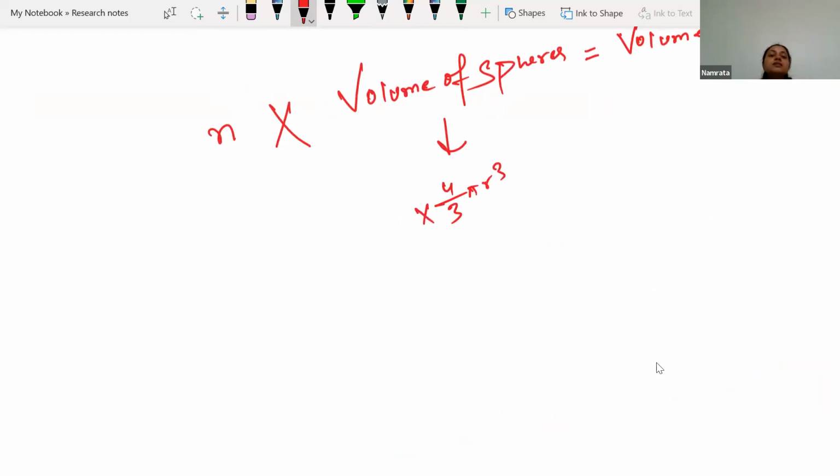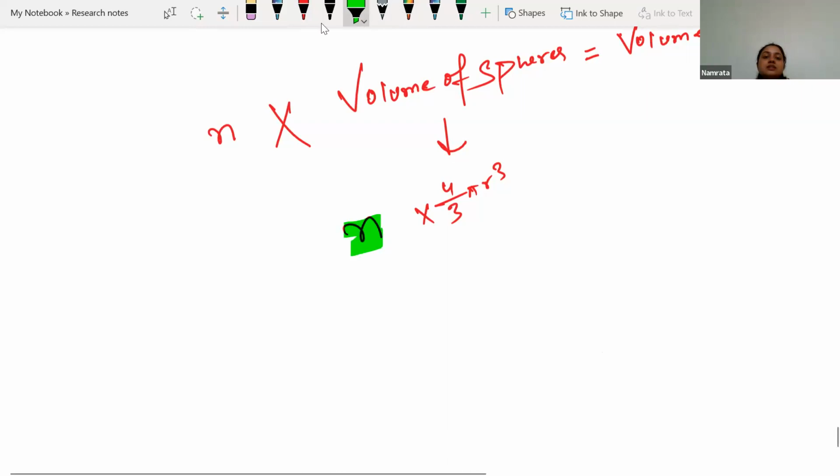We are thinking that let's say there are n spheres because we don't know how many spheres there are. And in mathematics, whenever we don't know anything, we assume it as x, y, n, any variable. So we have taken n spheres.